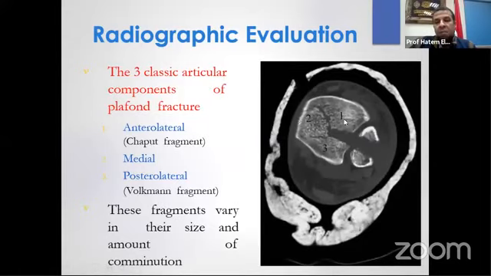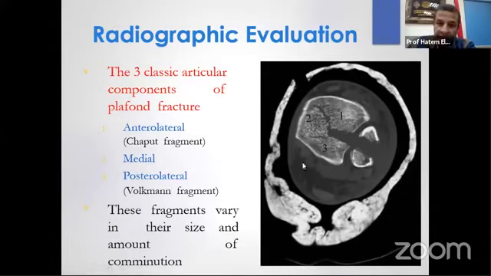As we see, fragment number 1, number 2, number 3. 3 main fragments. The first one, fragment number 1, is the anterolateral fragment called Chaput fragment. The posterolateral one is called Volkmann fragment, and the medial fragment.